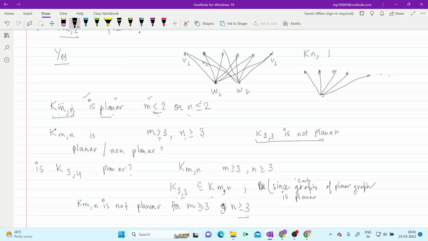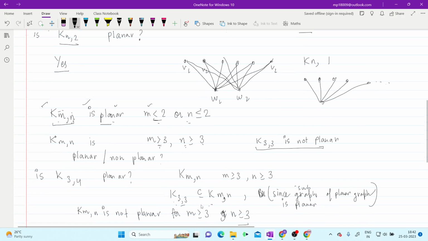So is this clear to everybody, for complete bipartite graphs, when a complete bipartite graph is planar and when it is not? Yes, ma'am. Okay.